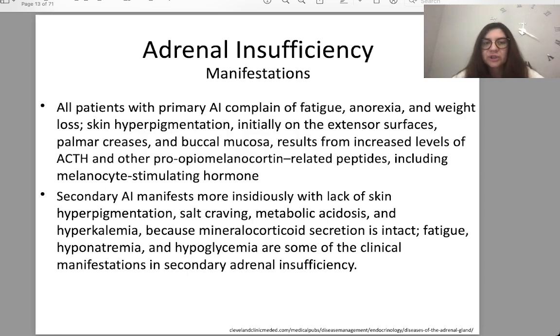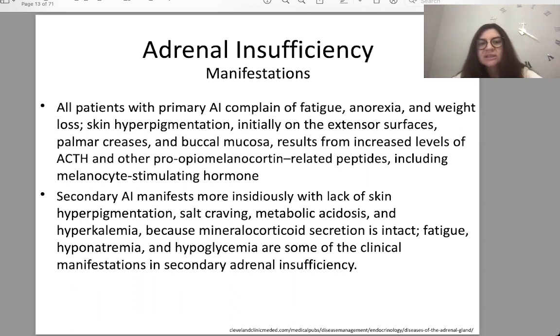Manifestations. All patients with primary adrenal insufficiency complain of fatigue, anorexia, and weight loss. Skin hyperpigmentation, initially on the extensor surfaces, palmar creases, and buccal mucosa, results from increased levels of ACTH and other pro-melanocortin-related peptides, including melanocyte-stimulating hormone.